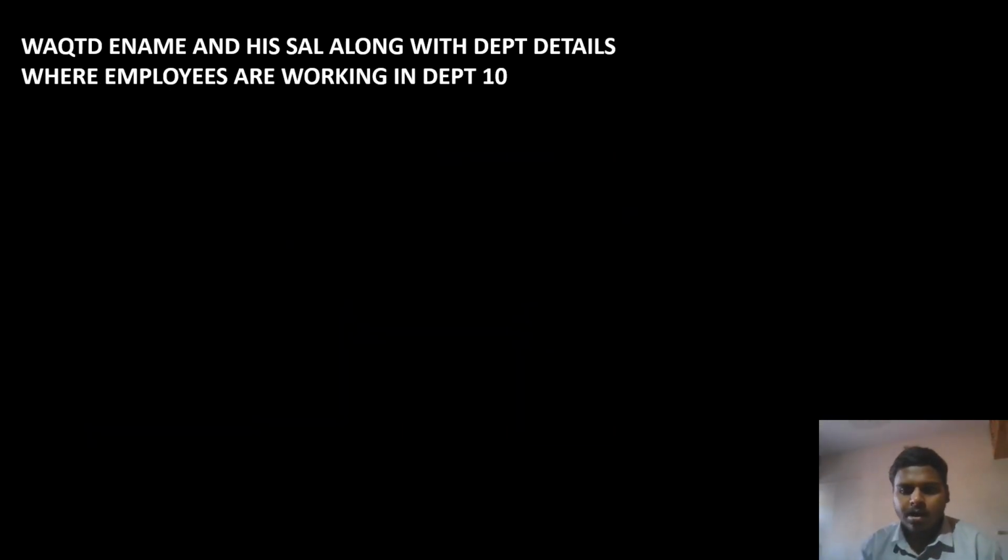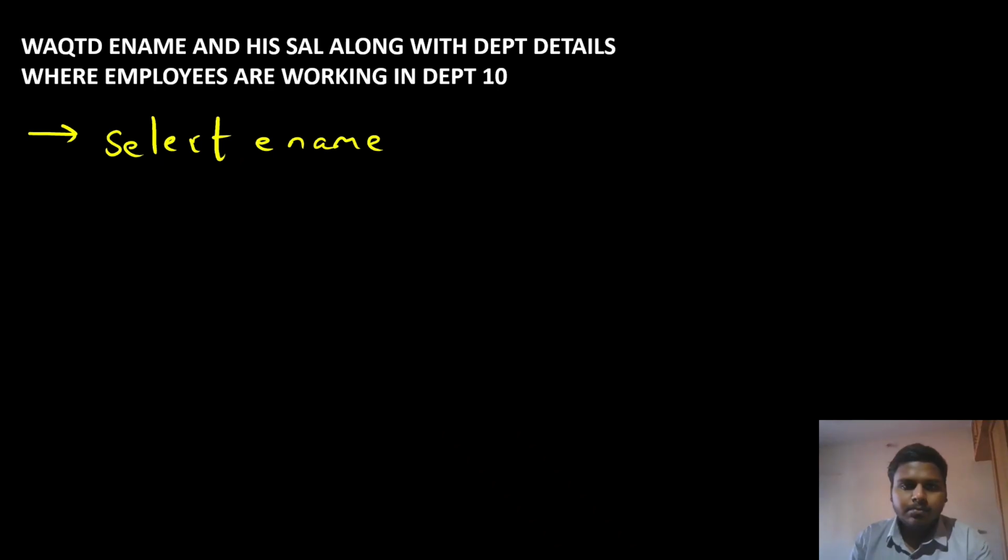Okay, guys. One more question. Now here, what I want to display is employee name, salary along with the department details. So select e-name, salary, and department details, which is all columns of the DPT table. So I will write EMP dot star, like that, DPT dot star.